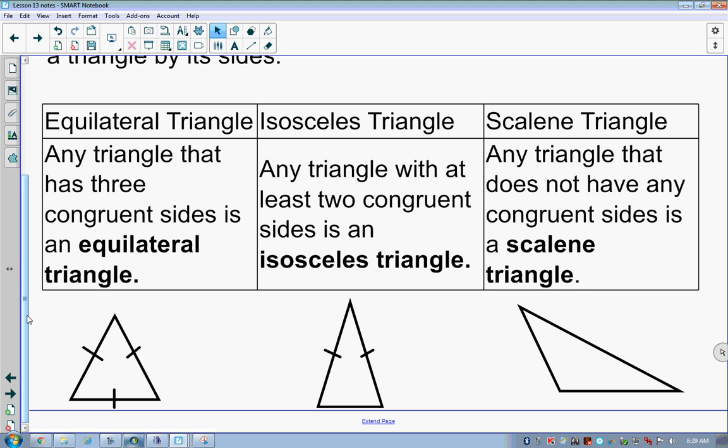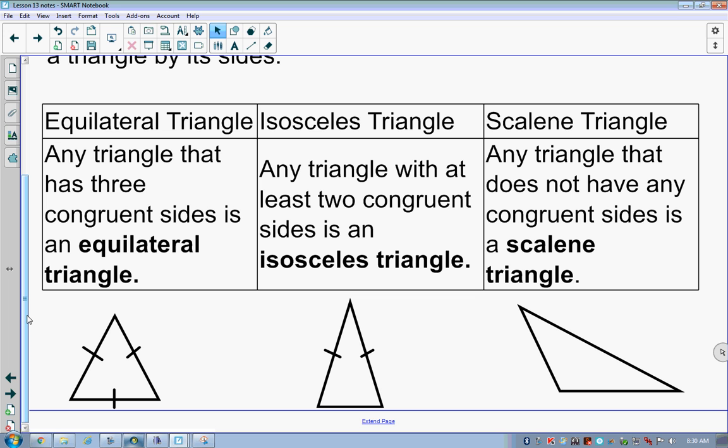I don't know about having a scalene acute or anything like that. There are probably some situations, but as basic as this may seem, you're still going to be asked both on tests and in your homework to be able to classify triangles, and you need to know the difference between which ones deal with angles and which ones deal with sides.